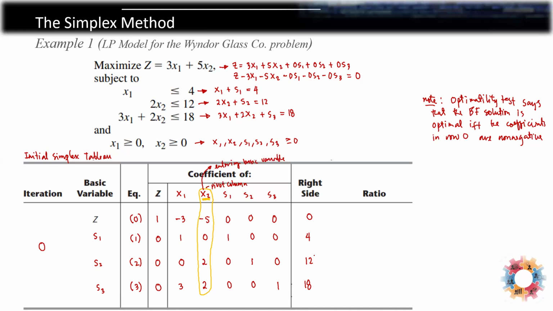The minimum ratio test says that your BF solutions, this one here, the values directly under the column labeled right side, no? These are your BF solutions.